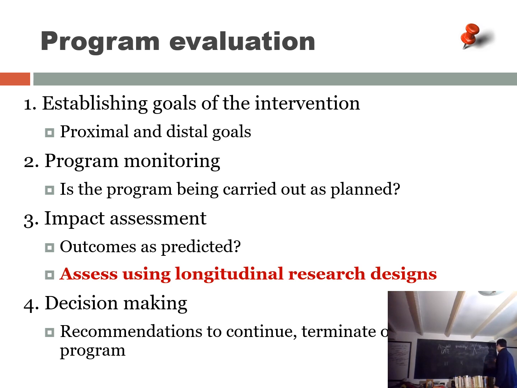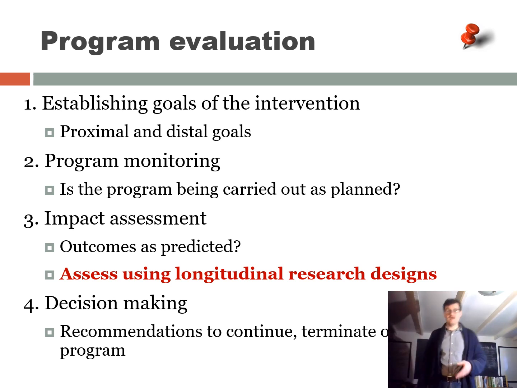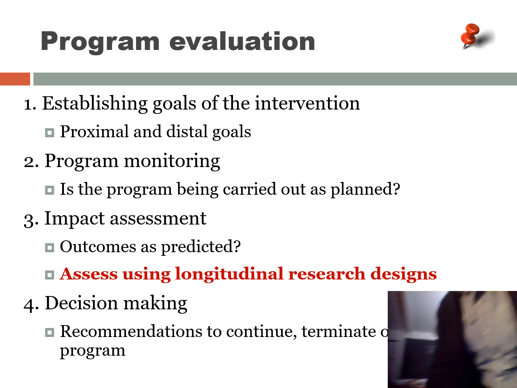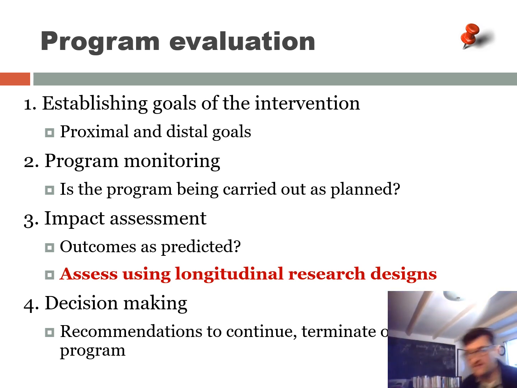Measure this, and that way we'd have at least a quasi-experimental design that would help us to know whether or not this was particularly useful for anyone, whether it's the program that did it.